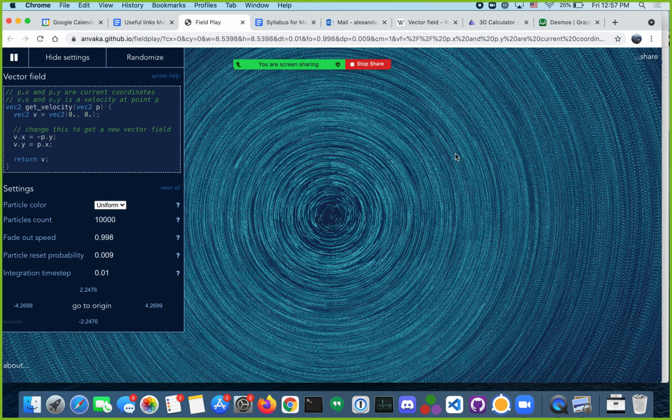Probably because I changed it. Okay, so now it's something more interesting. Let's randomize now. Well, anyway, so you can see that there are many different vector fields and they have interesting behaviors. Very cool. Okay, let's go back.